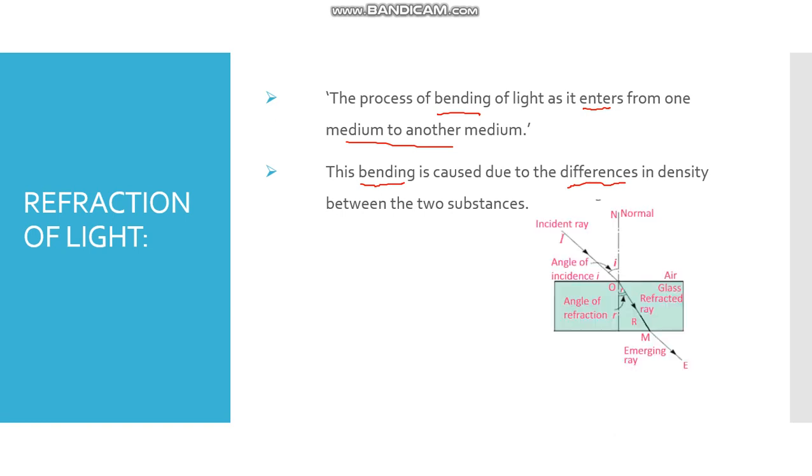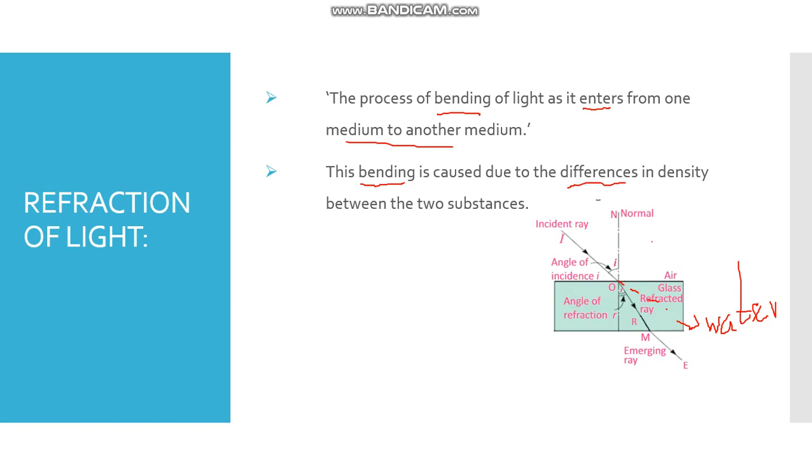Now here is the diagram. In this diagram you can see this is the incident ray. Okay, and this area is one medium. For example, this is the air. Okay, and this shaded area is the water. Now what happens is if the incident ray strikes the other medium, instead of going straight, it bends.